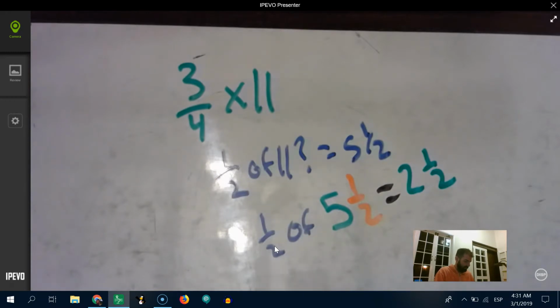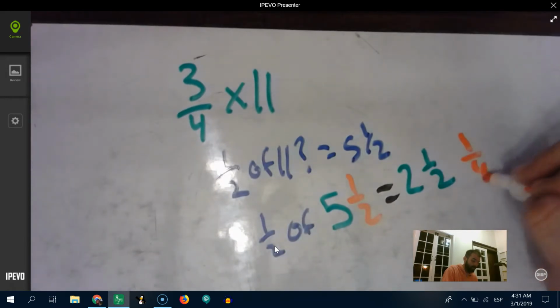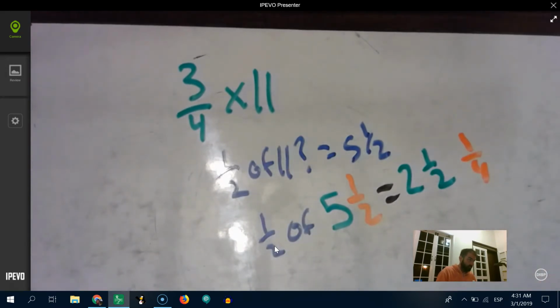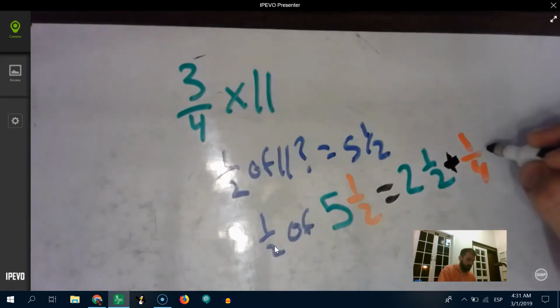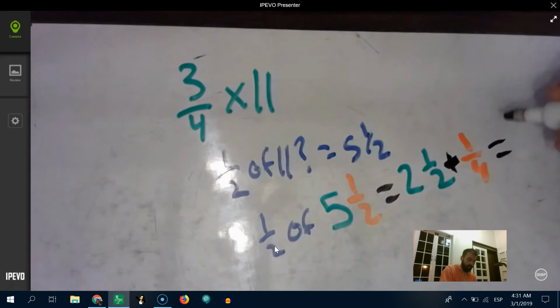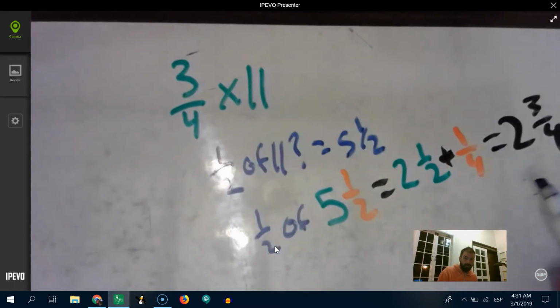Half of my half there, half of this is 1/4. And if we add those together, 2 and a half plus a quarter is 2 3/4. So my half of a half is 2 3/4.